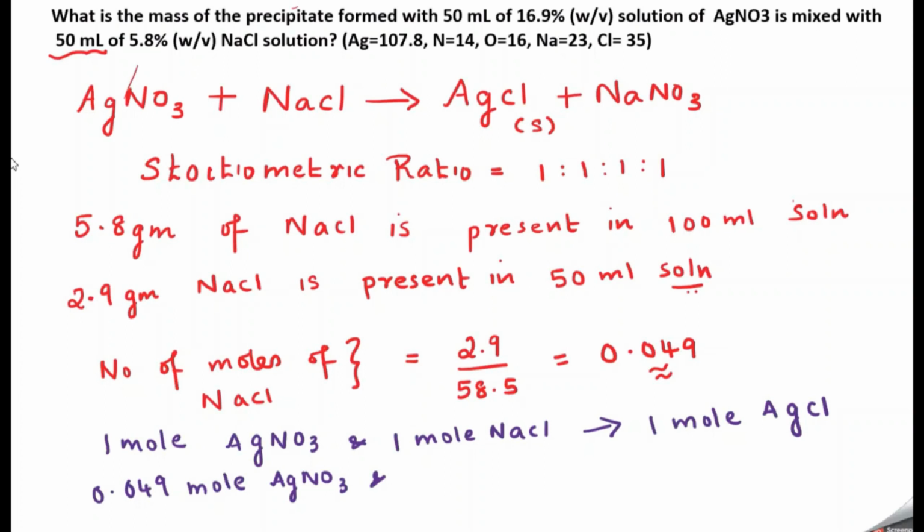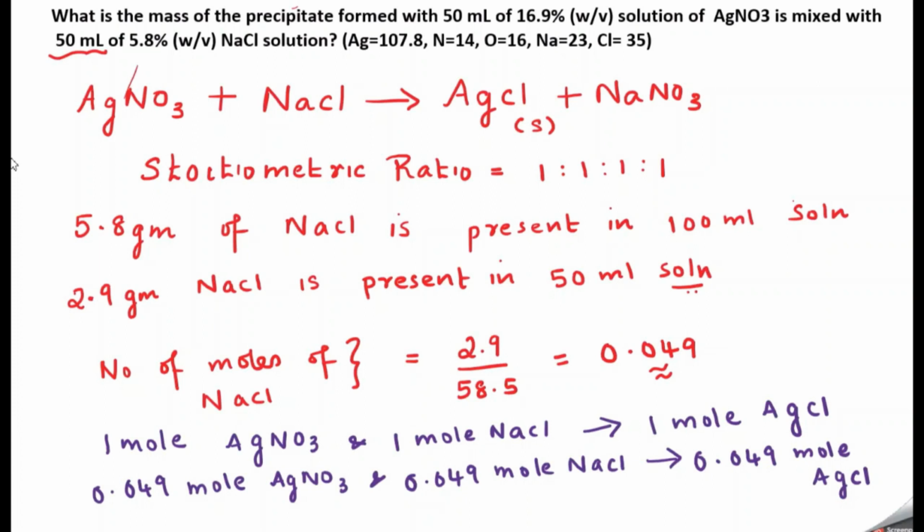So 0.049 mole AgNO3 and 0.049 mole NaCl will give 0.049 mole AgCl.